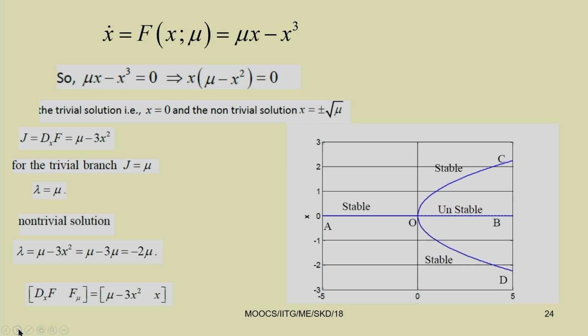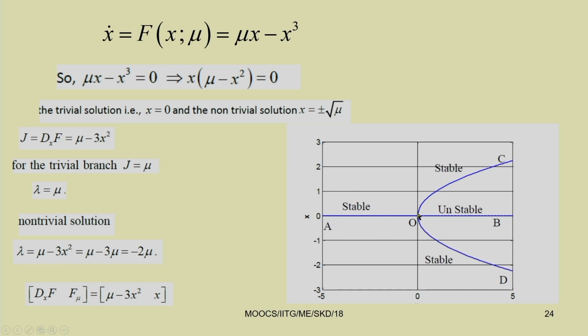So mu x minus x cube equals 0. By taking x common, x into mu minus x square equals 0. So, x equals 0 is an equilibrium point, and also x square equals mu. So, you have three equilibrium points: one is x equals 0 and the other two are plus minus root over mu.